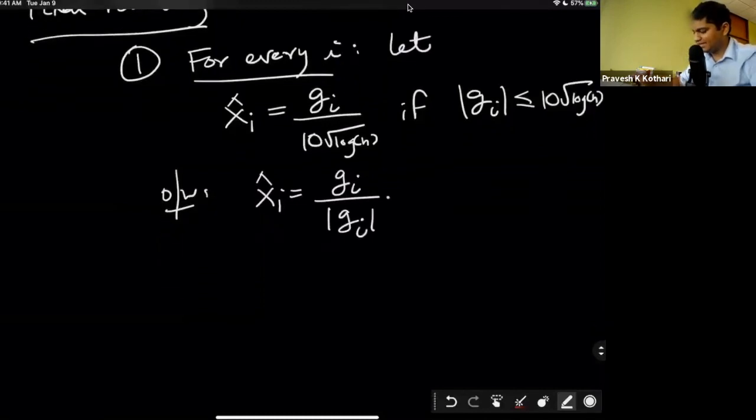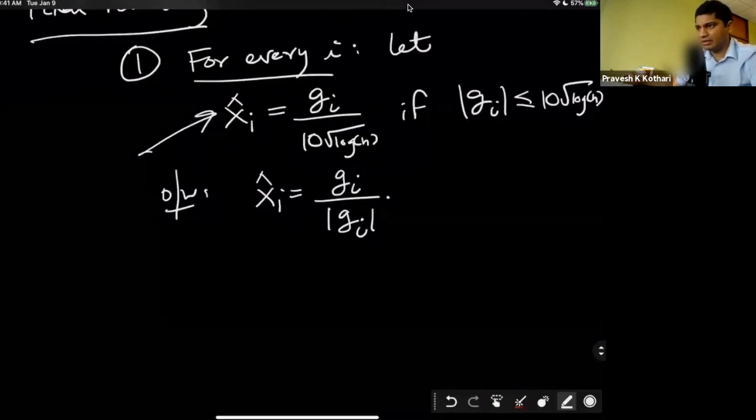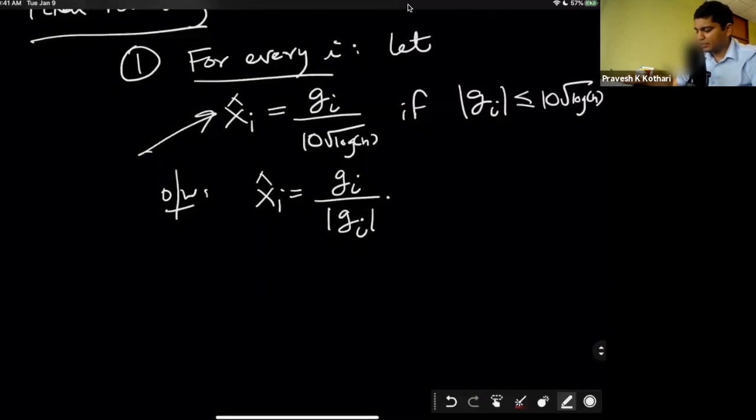Now, it seems reasonable to expect that the bulk of the objective value in expectation should come from the case where x hat i was really obtained by scaling down G_i by 10 root log n. And in fact, that's what happens to be true. This is where you need to use the fact that opt of B was at least somewhat large. You show that the error here can be small compared to this lower bound on the value of opt.